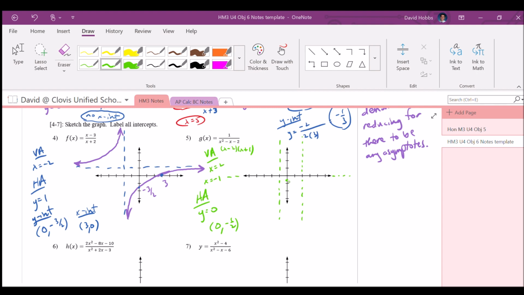In the middle section, we never ever touch or cross vertical asymptotes. Okay, so that means that in this middle section, it has to stay between the vertical asymptotes. Now, could we be going from low to high or high to low? Or could we be going from low to low or high to high? Here in this middle section, it's one of those 4 shapes. But remember, no x-intercepts.